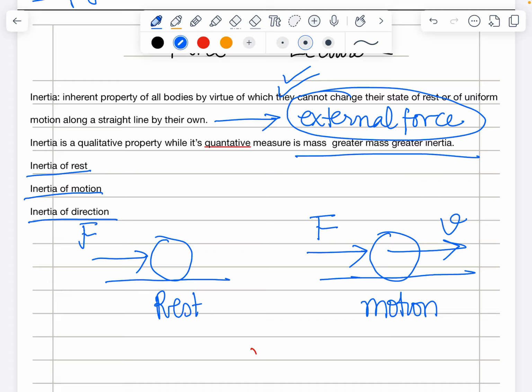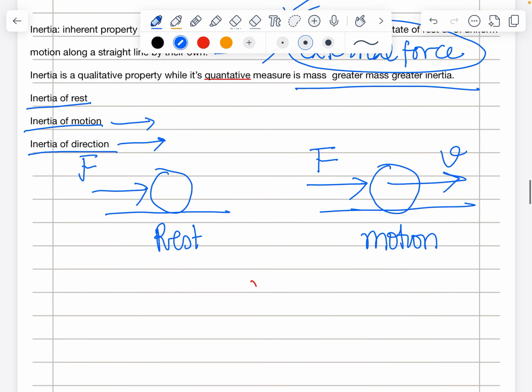In the similar way, inertia of motion is the inability of any body by virtue of which it opposes any change in its state of motion by its own. What is the inertia of direction? It is the inability of any body by virtue of which it opposes any change in its direction of motion.